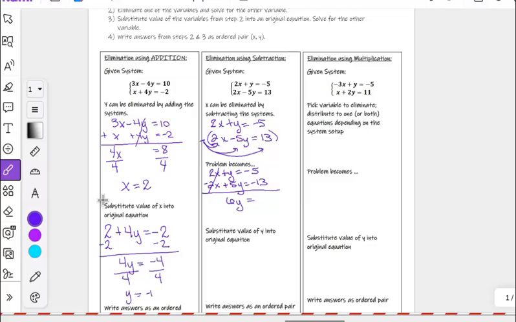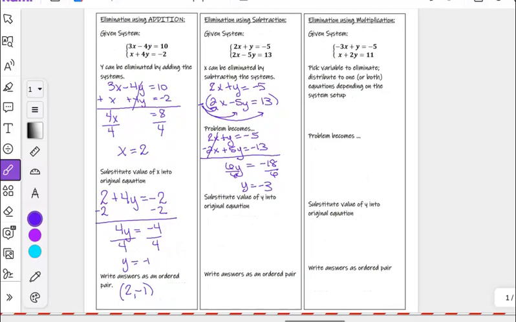-5 minus 13 is how you could say it, is -18. Then I divide by 6. Y equals -3. So now I'm going to substitute the value of y into an original equation. I'm going to do the first equation because, it doesn't matter, but that's what I'm going to choose.